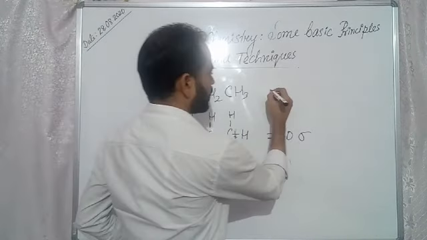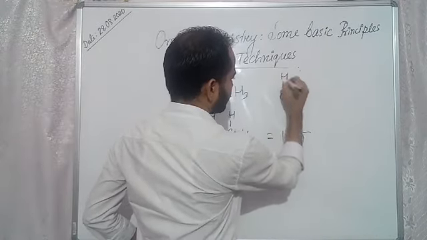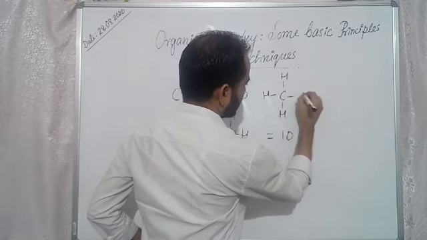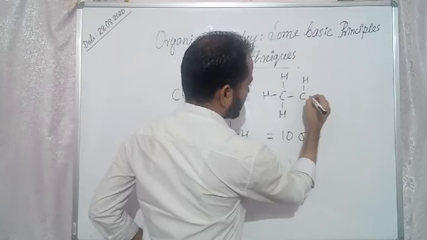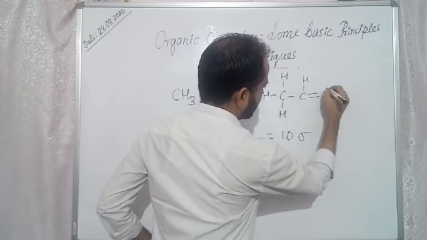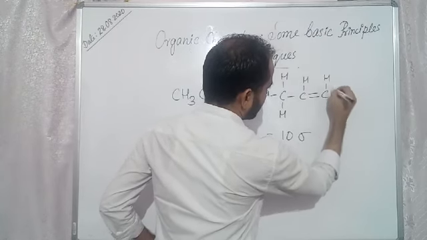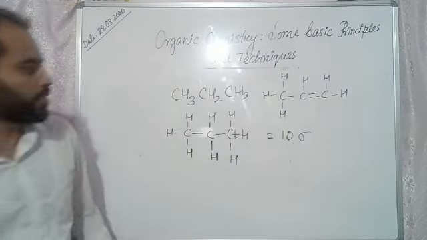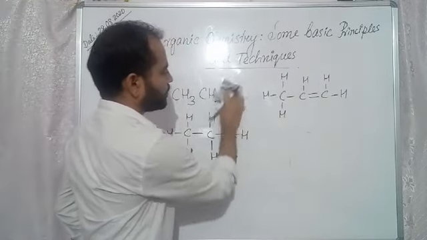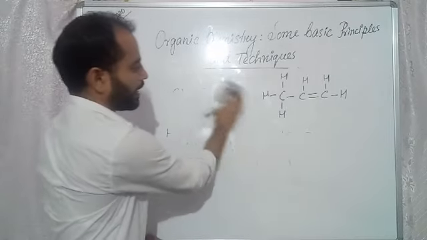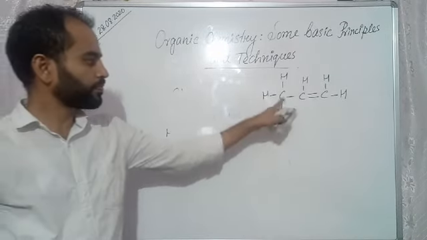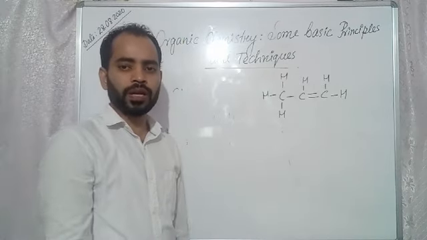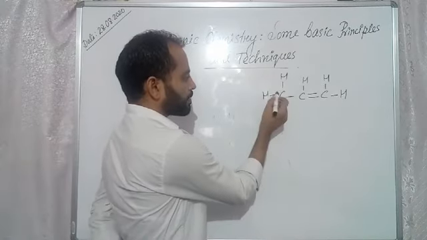Another example. CH3, CH, double bond, CH2. Suppose this is another compound. Okay. So in this compound, how many sigma bonds and how many pi bonds?